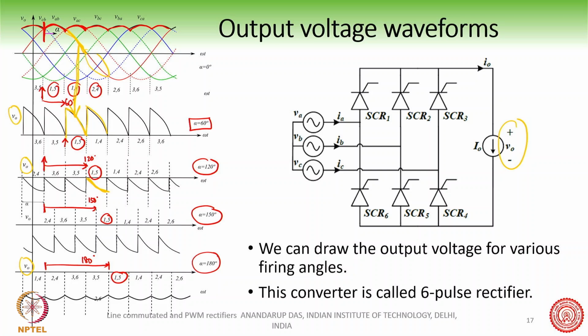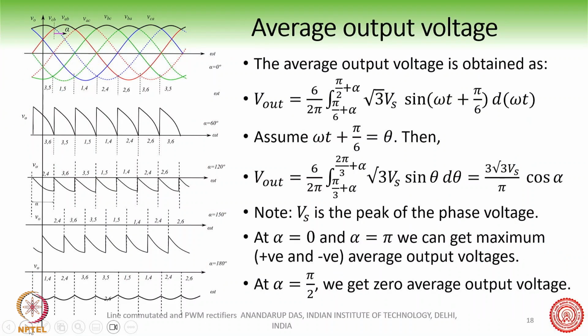Average output voltage can be fully controlled. I'm not going into each and every conduction of the thyristors here. You can recall from a first course on power electronics. What is the average output voltage?